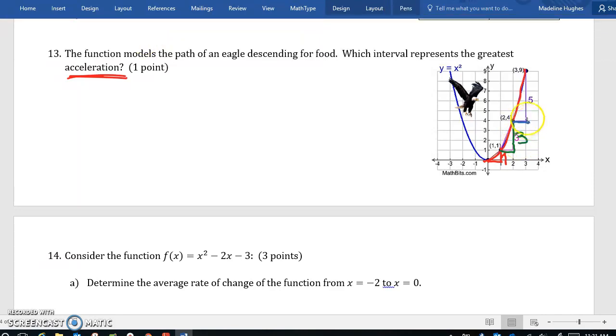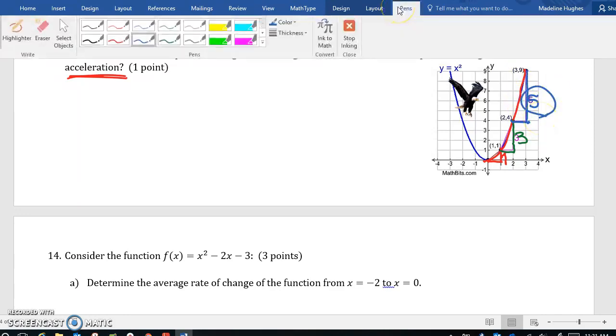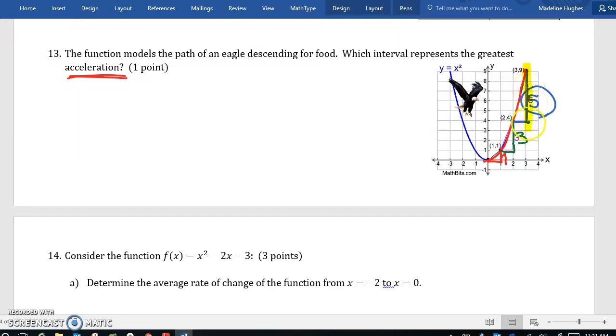And from the next point all the way up to the next one, acceleration of 5. So the greatest one is 5. That greatest acceleration happens between those 2 points there.